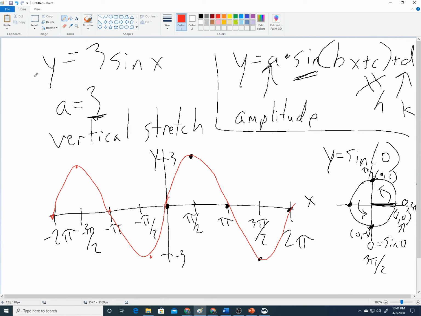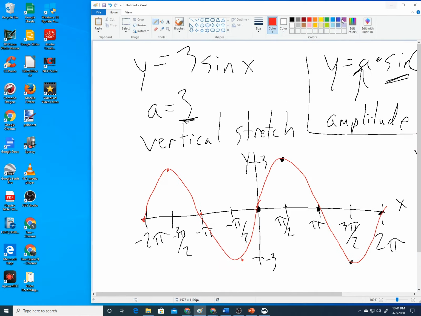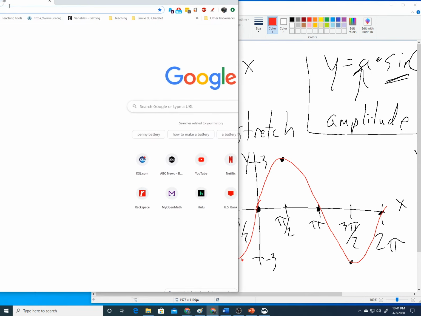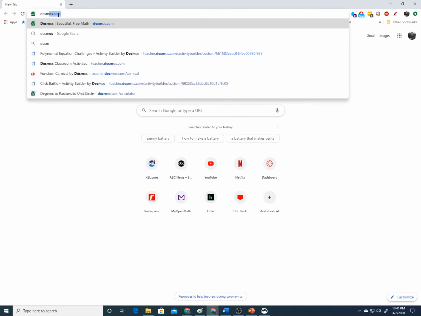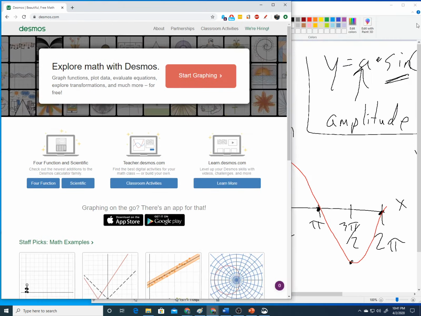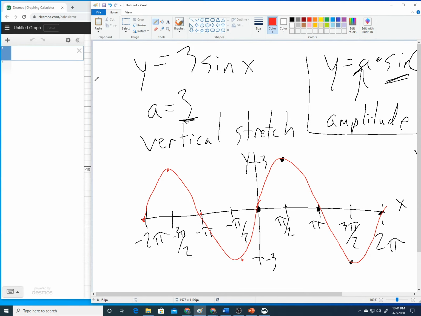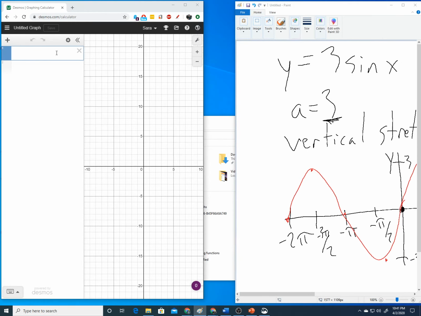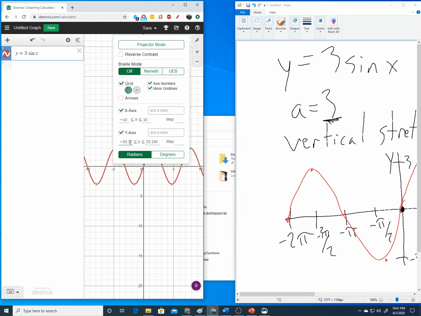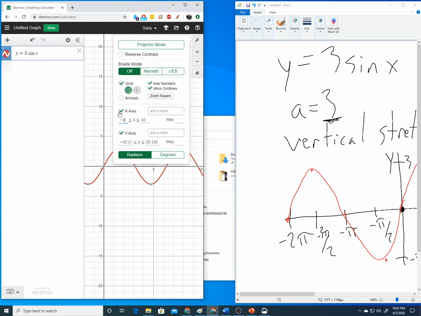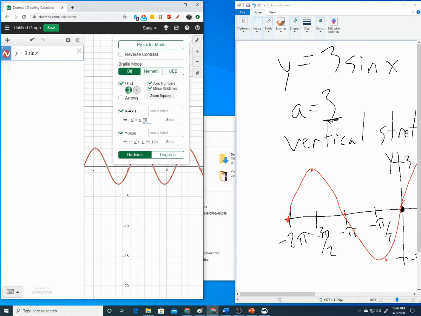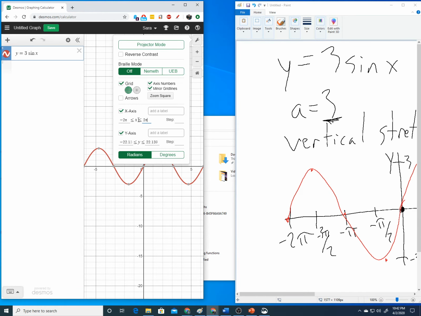I know I'm going to need to continue that pattern on the other side. Alright, beautiful, isn't it? So if we go to desmos.com and graph that function, I'm going to set this so that it goes from negative 2 pi to 2 pi.